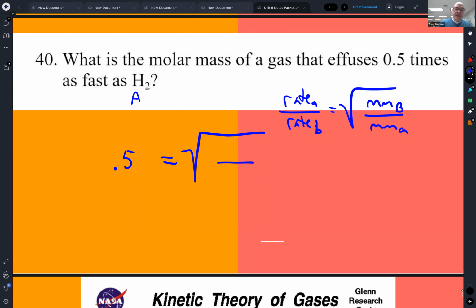Now the molar mass of hydrogen is 2 on the periodic table, but I don't know what the molar mass of this other gas is. I'm sorry, it's not 0.5 times faster, it's 0.5 times as fast. So it's saying it's slower.